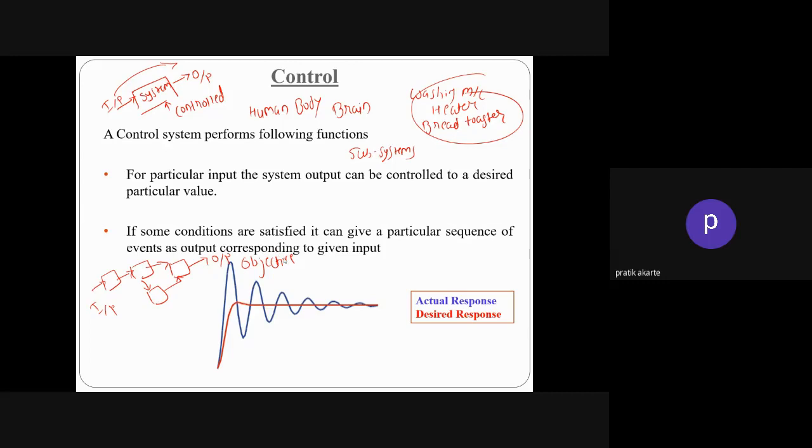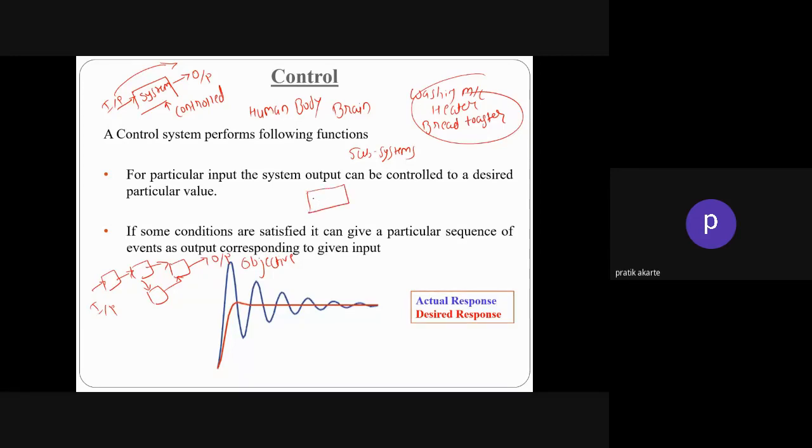Apart from that, if some conditions are satisfied, it can give a particular sequence of events as output to the corresponding given input. For example, for the first function, for a particular input, the system output can be controlled to a desired particular value.